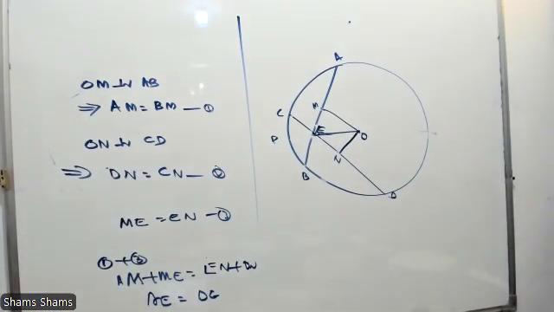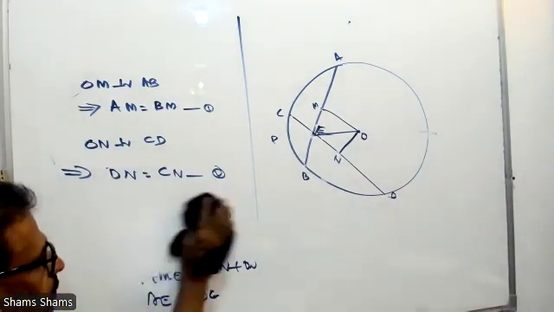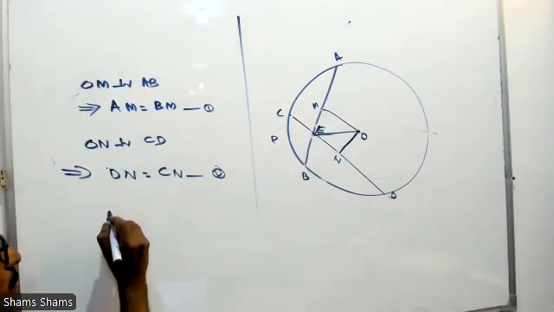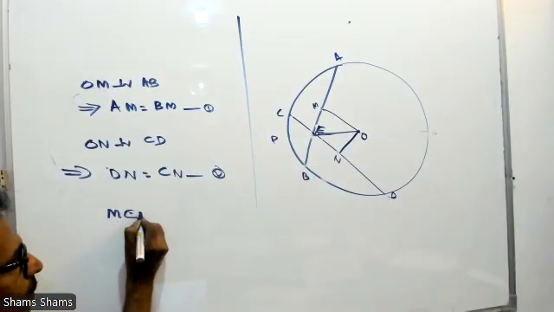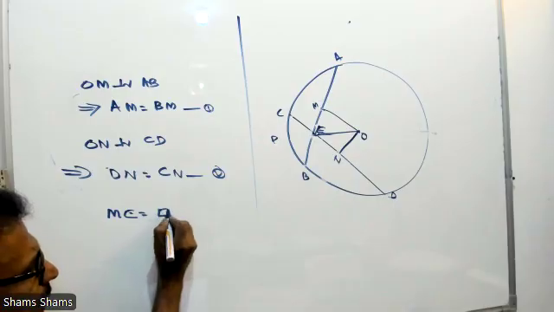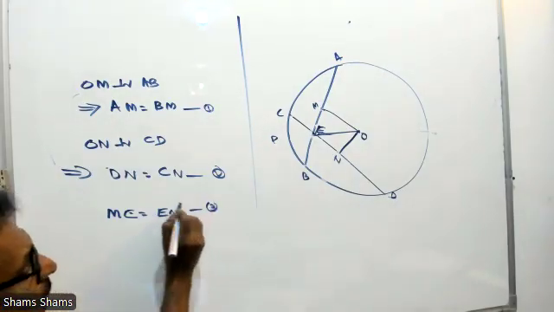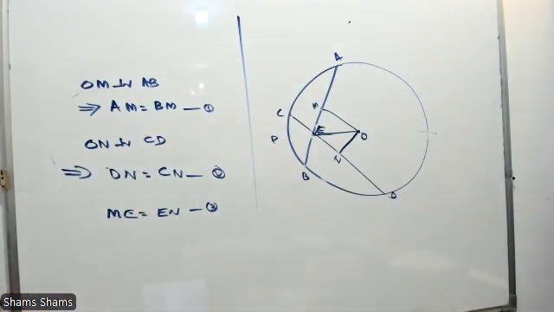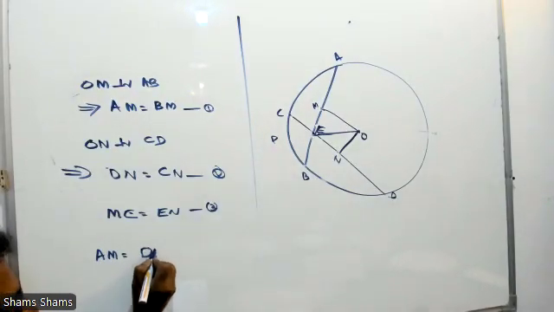After that, listen. ME equals NE. Number 3: you know that AB and CD are equal, so AM equals DN.